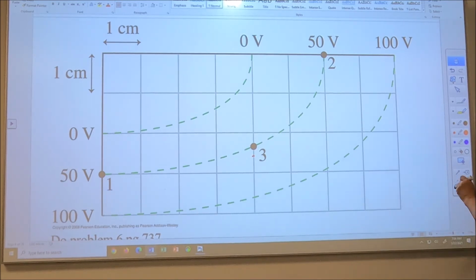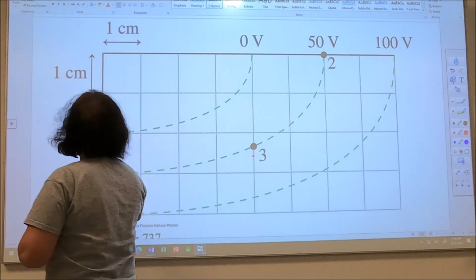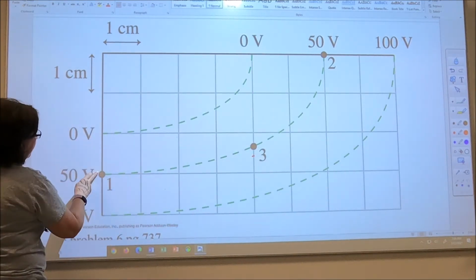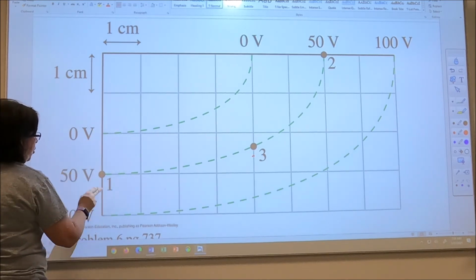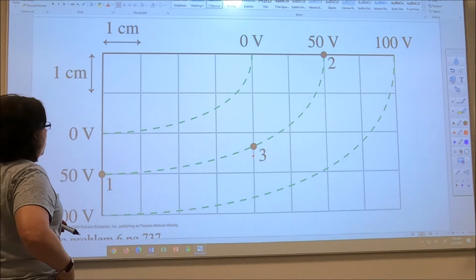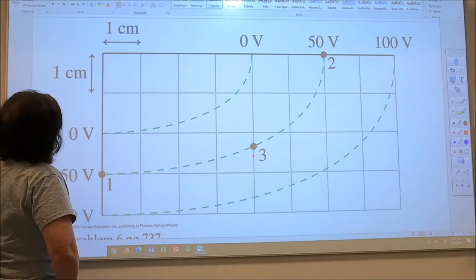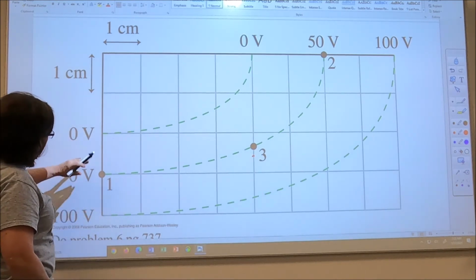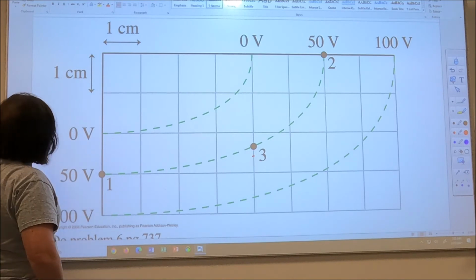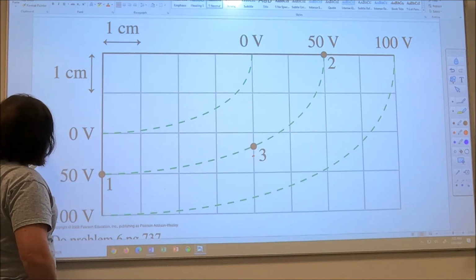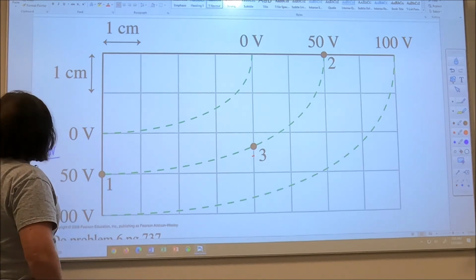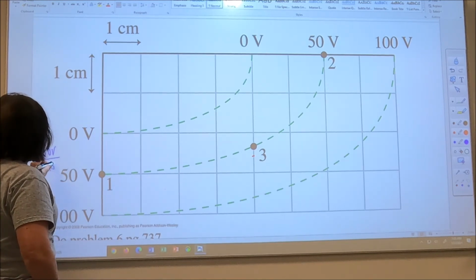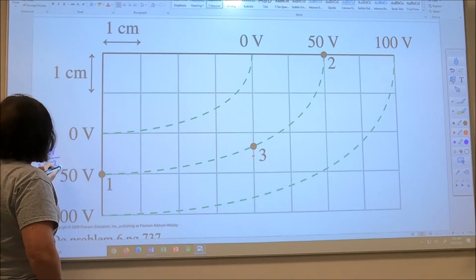If we look at point 1, this is a centimeter, this is a centimeter. Between these two equal potential surfaces, we have a 2 centimeter spacing, and we have a 100-volt drop. So 100 volts divided by 2 times 10 to the minus 2 meters.